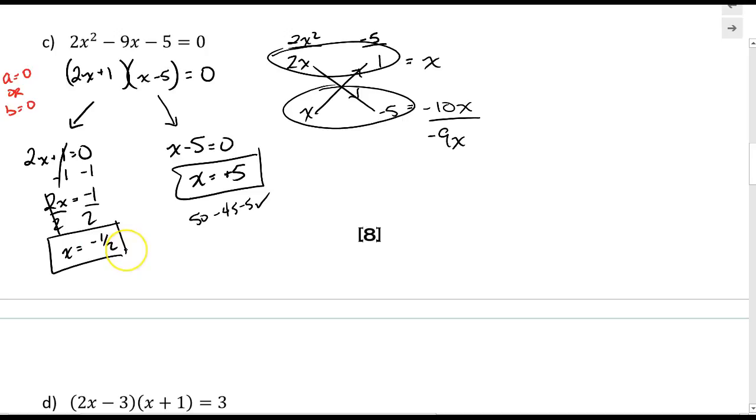Alternately, negative a half squared is a fourth, times 2 is a half. Negative 9 times negative a half, we're going to be adding 9 halves. So that's 10 halves in total. Subtracting 5, well, 10 halves simplifies to 5. So 5 minus 5 is 0, and that one works as well.